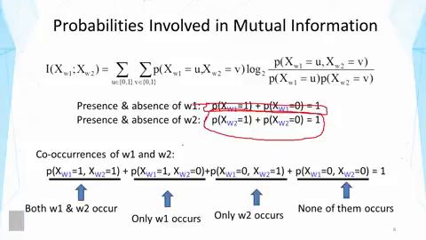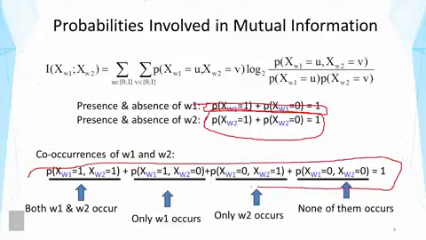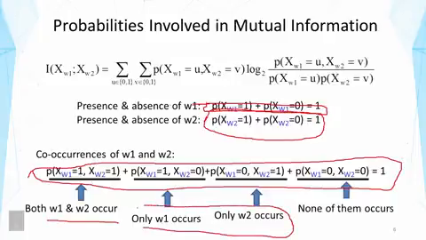And then finally, we have a lot of joint probabilities that represent the scenarios of co-occurrences of the 2 words, and they are shown here. And they sum to 1 because the 2 words can only have these 4 possible scenarios. Either they both occur, so in that case both variables will have a value of 1, or one of them occurs. There are 2 scenarios.